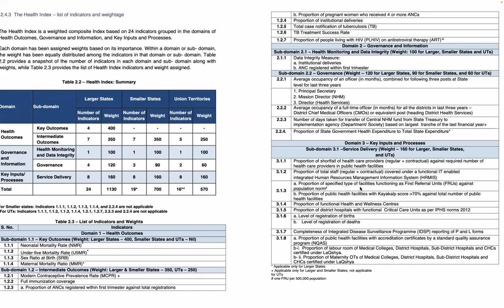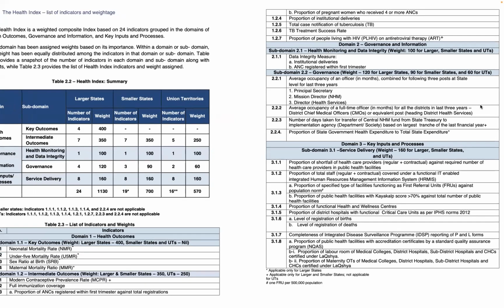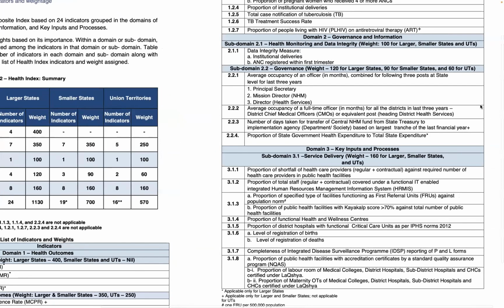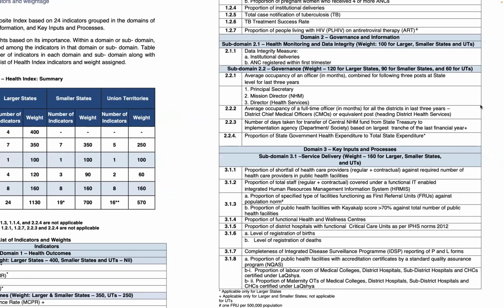Total case notification of tuberculosis. How many TB cases are there? How much TB treatment is going as per the success rate? What is the proportion of people living with HIV on antiretroviral therapy? How many are going for ART? How many are going for this particular treatment?